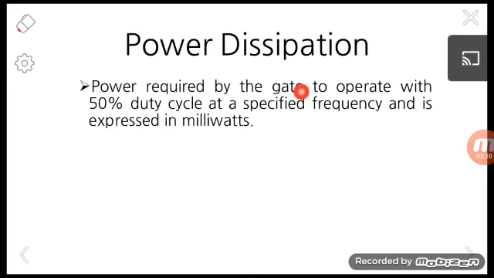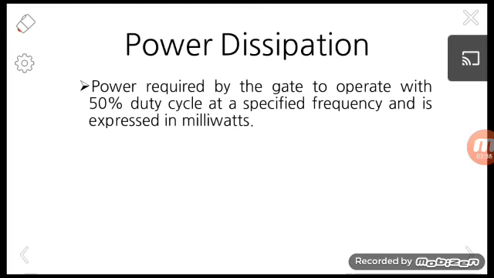Power dissipation mainly depends upon the current drawn from the supply. For different gates, the current drawn in the high state is different from that drawn in the low state, so there will be a current difference between the high and low states.